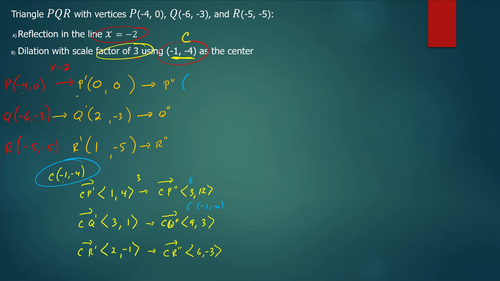So if I go right 3 units starting at -1, that puts me at +2. And you're going to go up 12 units starting at -4. So if I go up 12 units starting at -4, that puts me at +8.